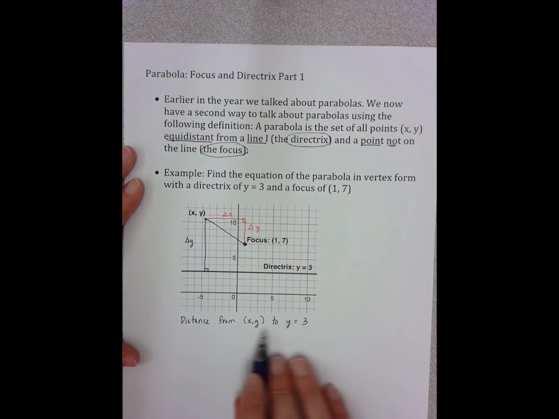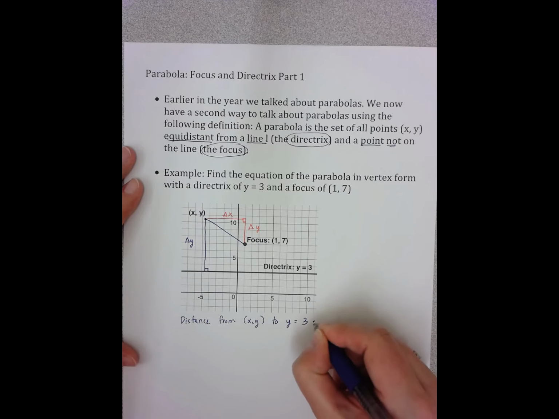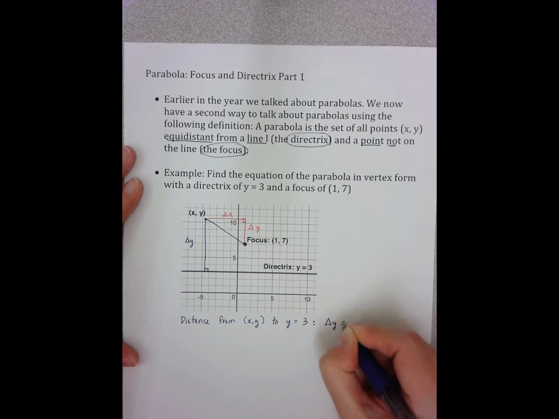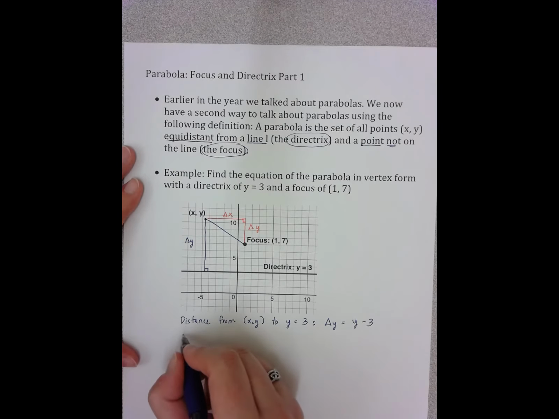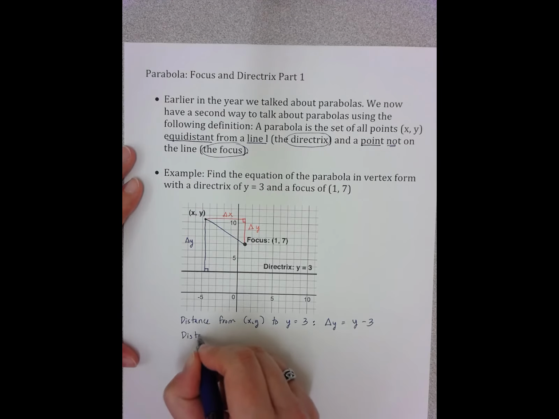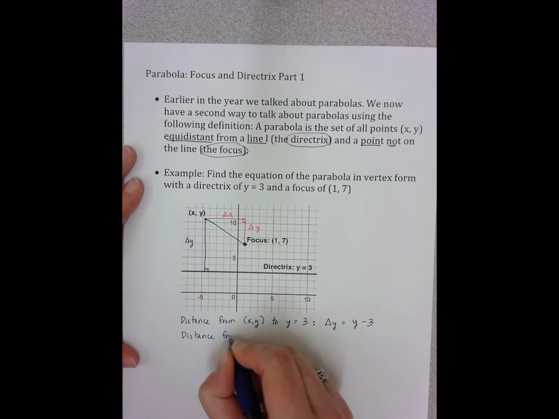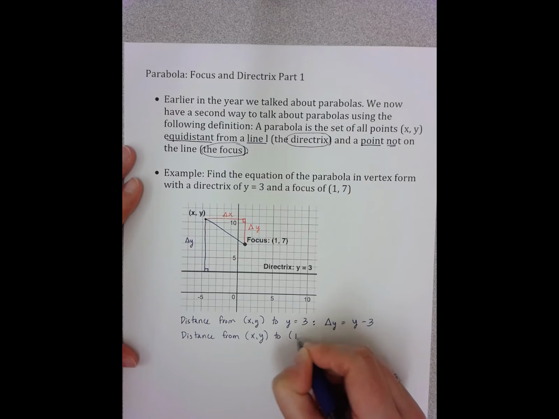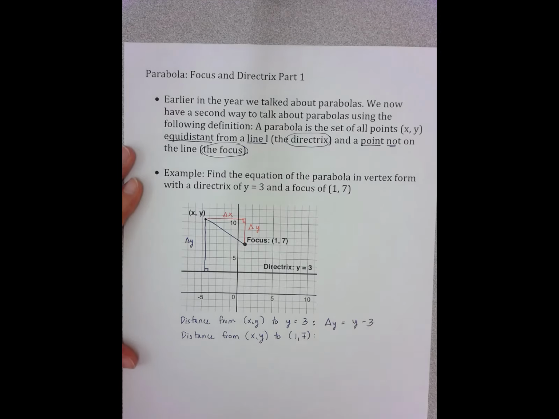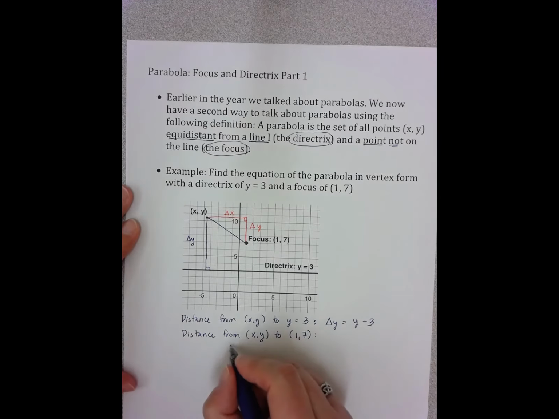So the change in the y's is going to be y minus 3. I then need to find the distance from x comma y to the focus, 1 comma 7. For this, I need to actually do the longer process of Pythagorean theorem.